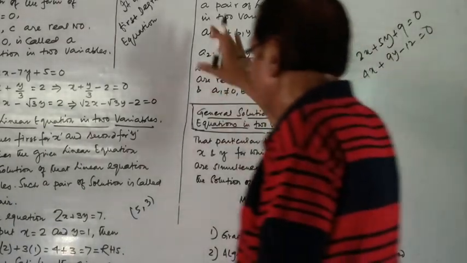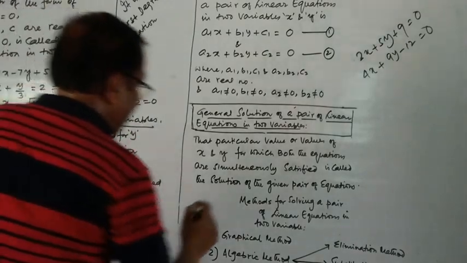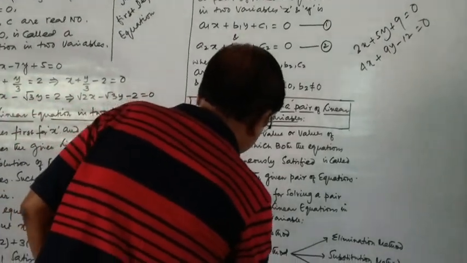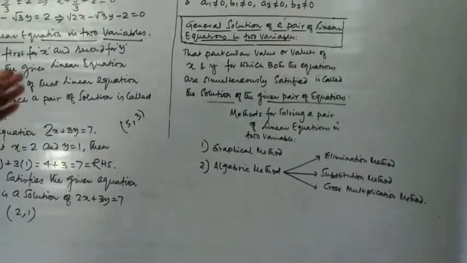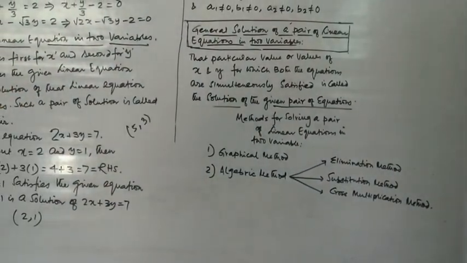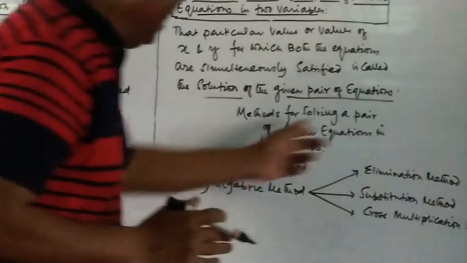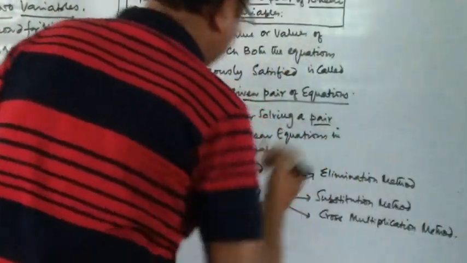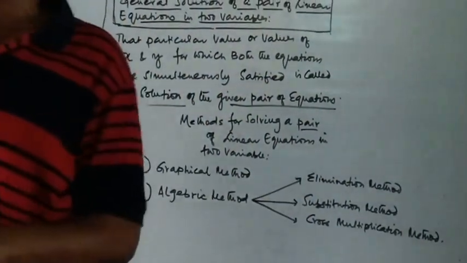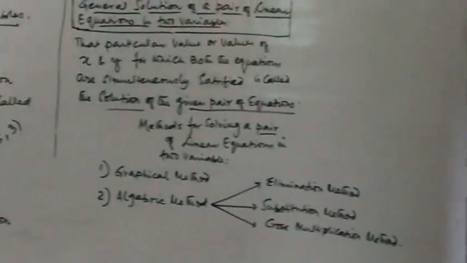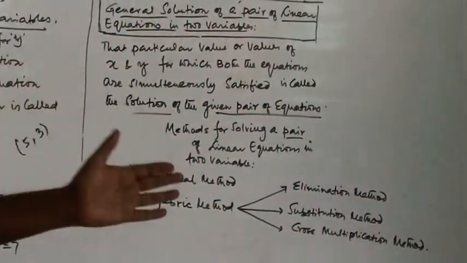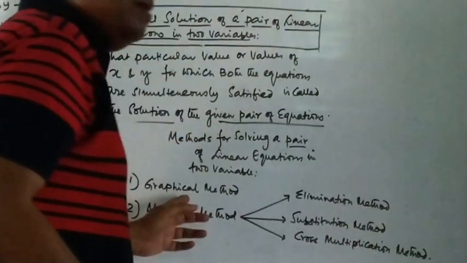After learning this much, we are here to learn the different methods for solving a pair of linear equations in two variables. Actually, in your syllabus, you have to learn three different methods, students. The first is the graphical method.